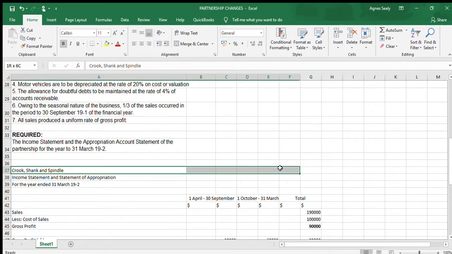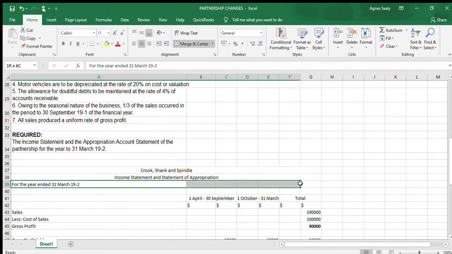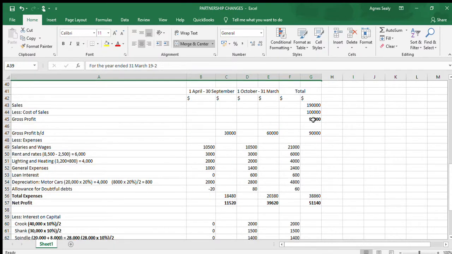What I'm going to do is just format it a bit more so you can see what is happening here.